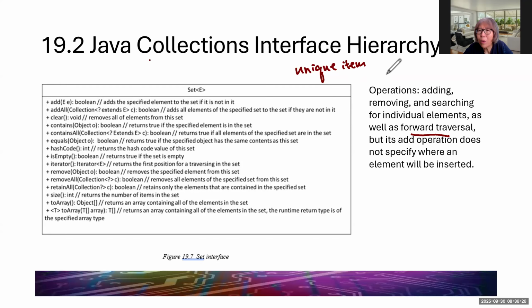But it's not ordered, not like a list. So its add operation does not specify where an element can be inserted. So that's different from the operations that we saw before. So it has those add, and this is to do search, and you can do remove, and toArray, same thing. It also allows traversing.